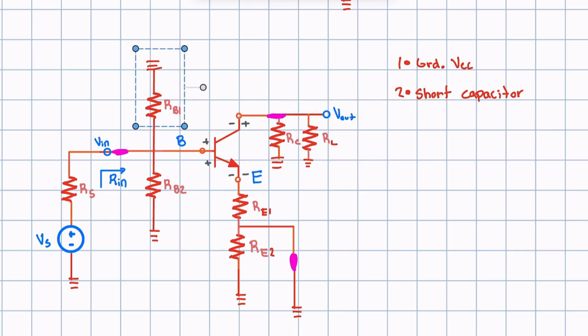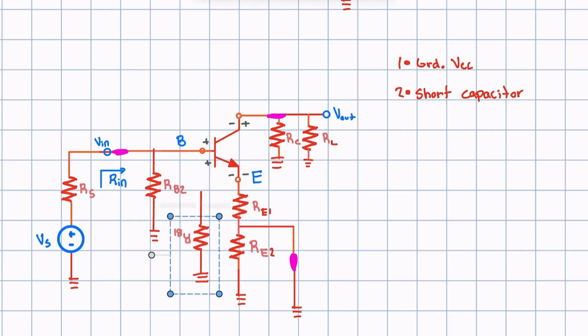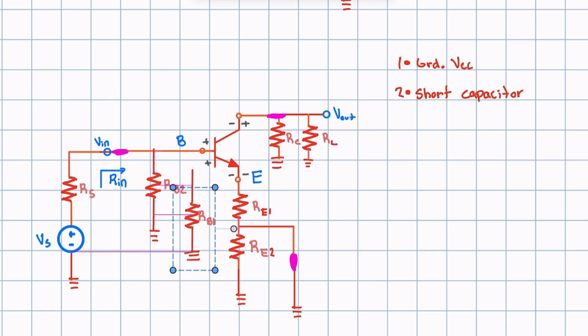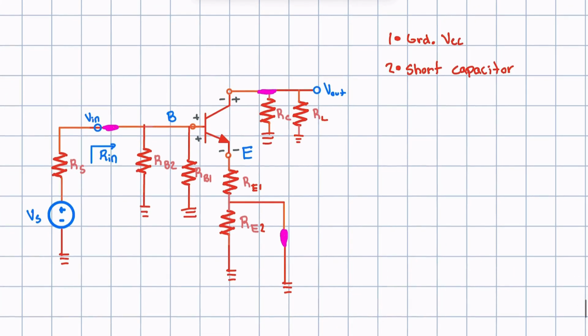And I'm going to move this RB1 right here. Perfect. We're ready to get started. So we are being asked to find our input impedance after this point. This point is going to be right here where Vn is.